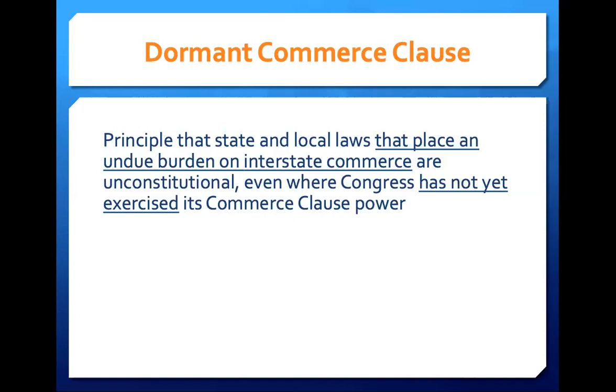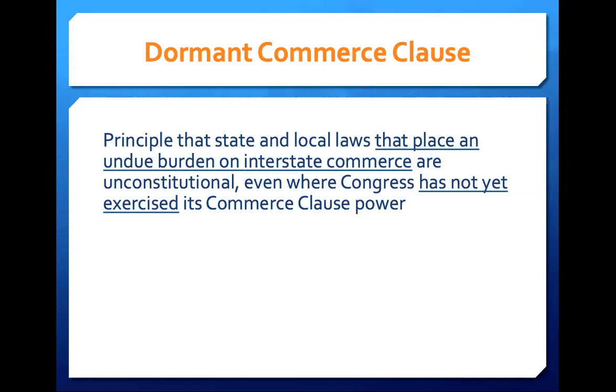They have said that even in situations where Congress has not exercised its power to regulate interstate commerce, it nonetheless has that power, and this power lies dormant even when it isn't acting. And as it lies dormant, that means that state and local laws cannot come in and put some kind of undue burden on interstate commerce.